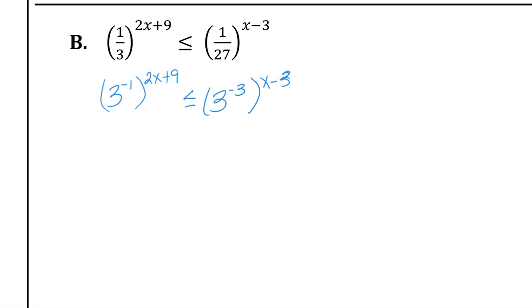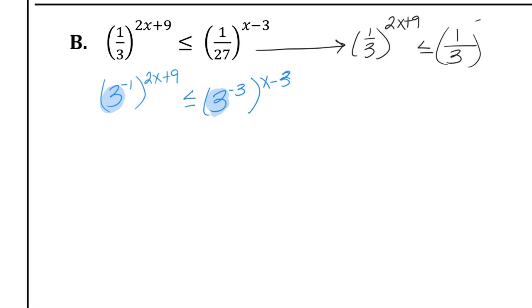I prefer this method because when I've rewritten things, my base is no longer a fraction. My base is a value greater than 1, so it allows me to keep my inequality the same. Some people, and I have seen it this way, again, not my favorite, will do 1/3 to the 2x plus 9 is less than or equal to 1/3 cubed, all of that raised to the x minus 3.